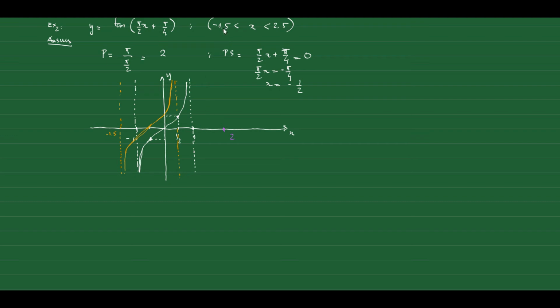We're going to go from negative 1.5 to 2.5. So this is 3 right over here. So 2.5 up here. So we need another one up to this point right here. So this is a new vertical asymptote, and 2. So we have another vertical asymptote at 2.5.